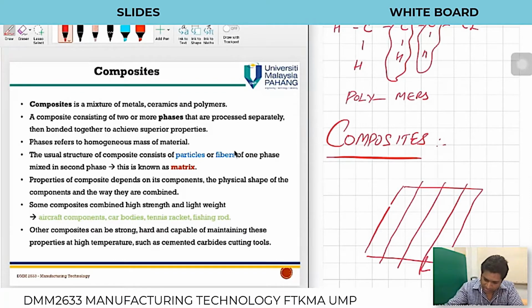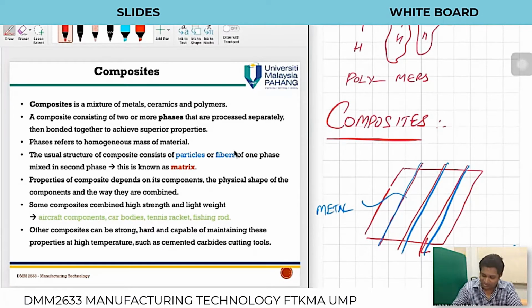The steel rod is metal. Do you know what this is? These are your car tires. This polymer, the elastomer, and the metal, the combination is car tire, right? And this is called a composite.